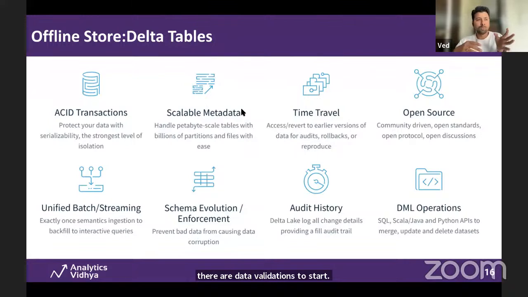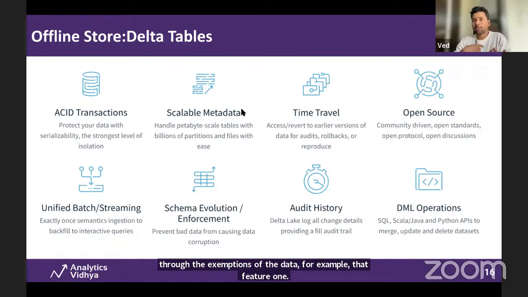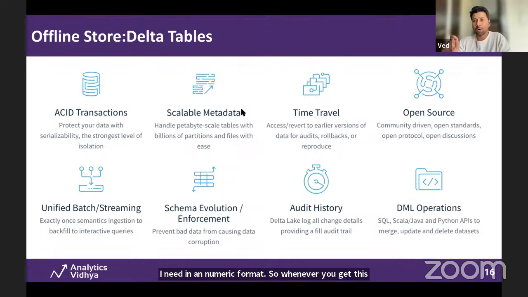If you search for what is data validation for machine learning, you would find Great Expectations is one of the solutions. What Great Expectations does is it stores the assumptions about the data. For example, that feature one I need in a numeric format. So whenever you get this feature, it will always check if this is numeric or not.